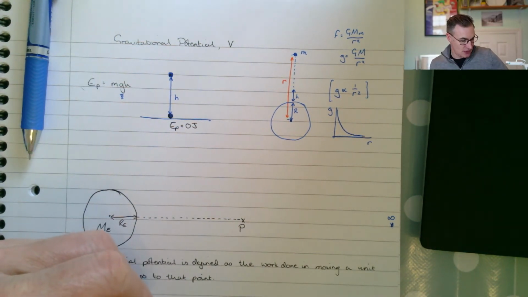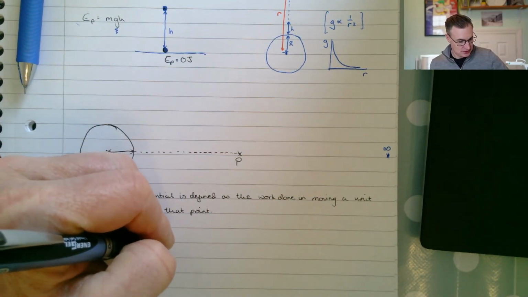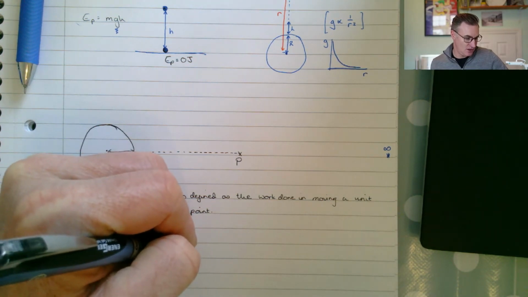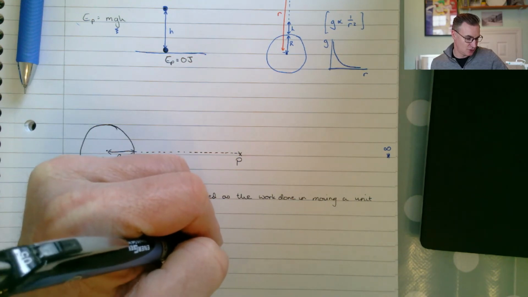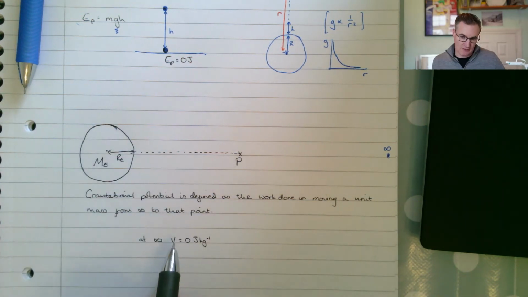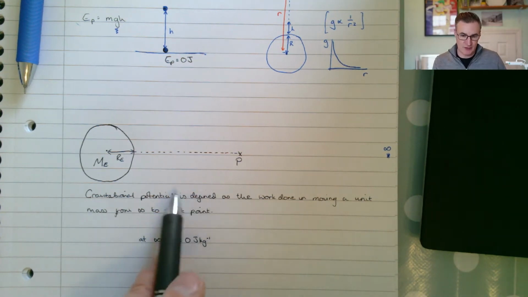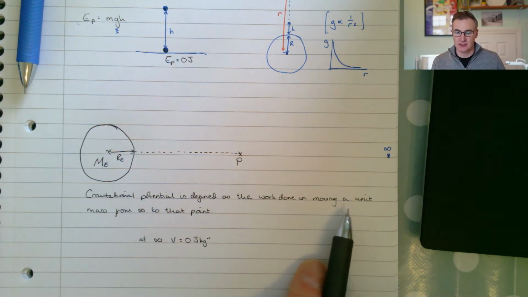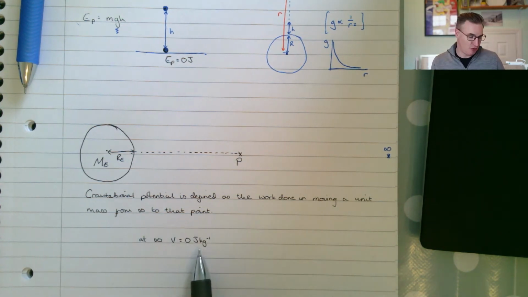So we'll just write that at infinity, V is equal to 0, and we'll have joules per kilogram. Again, if you remember electrical potential, it was coulombs per kilogram, and the definition of electrical potential is the work done in moving a unit charge from infinity to that point.